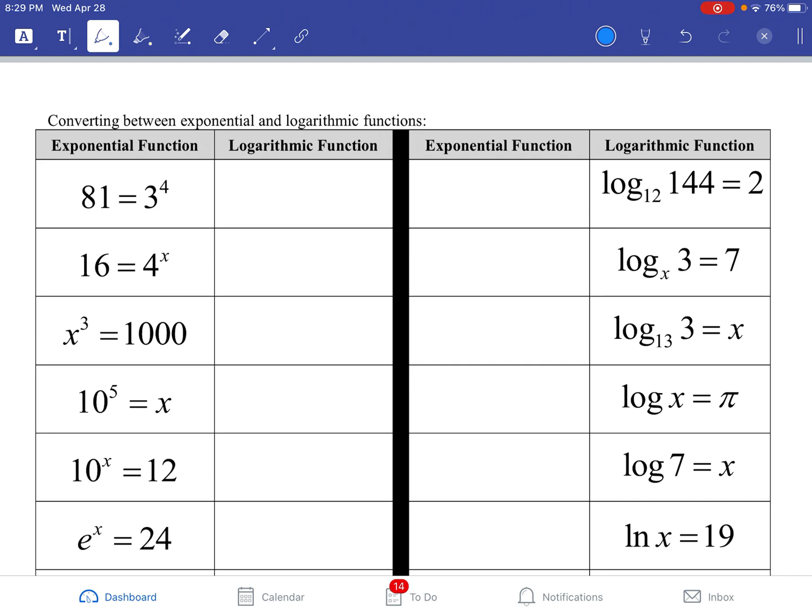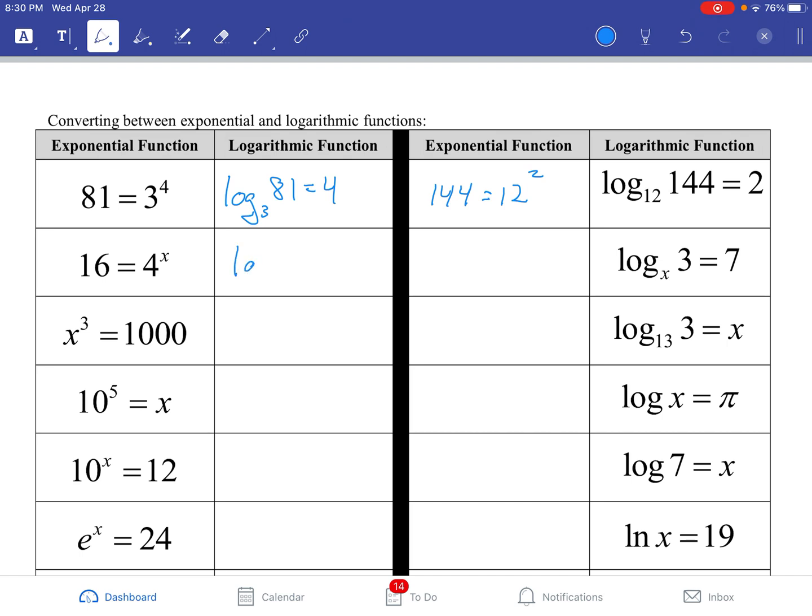So for here, if this is our exponential equation, you're going to have log base 3 of 81 is equal to 4. You notice the base of the log is the base of the exponent. The exponent is 4, the base is 3, and 3 to the 4th power is 81. On the other side, the base is 12, and the 2 is the exponent. 12 squared is equal to 144.